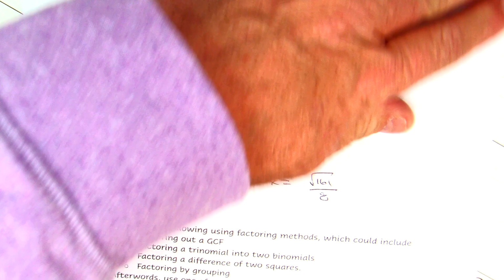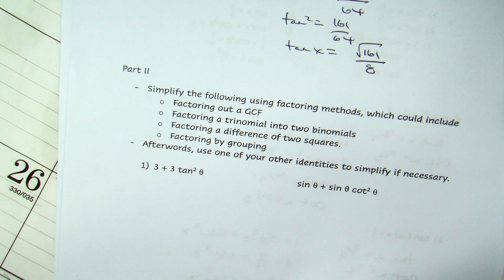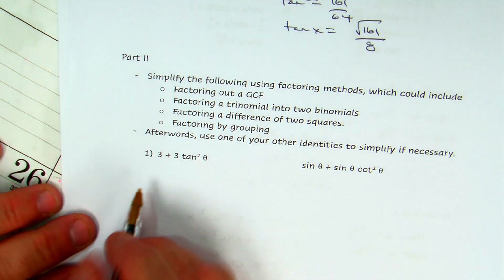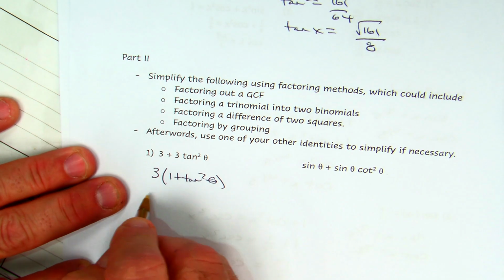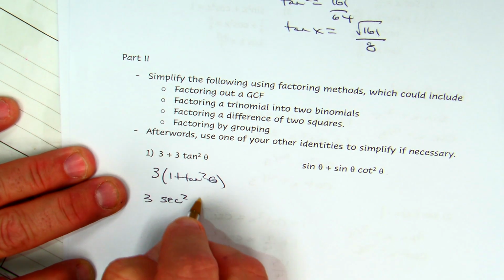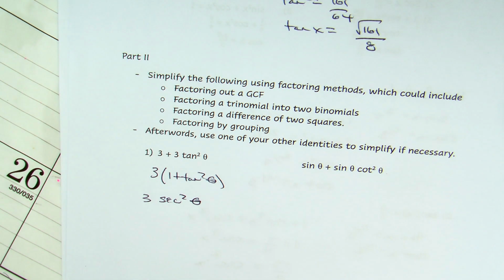All right, let's do some factoring. Everybody good with that one? You end up with 3 secant squared theta.